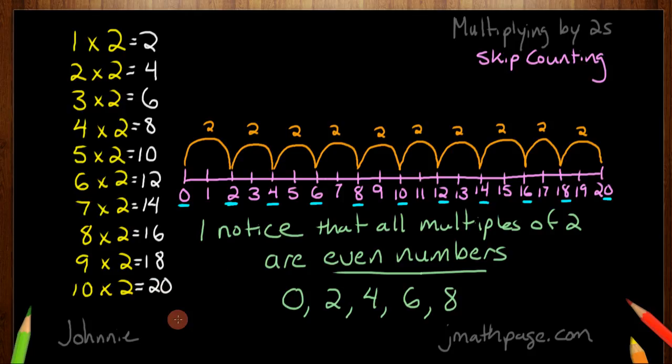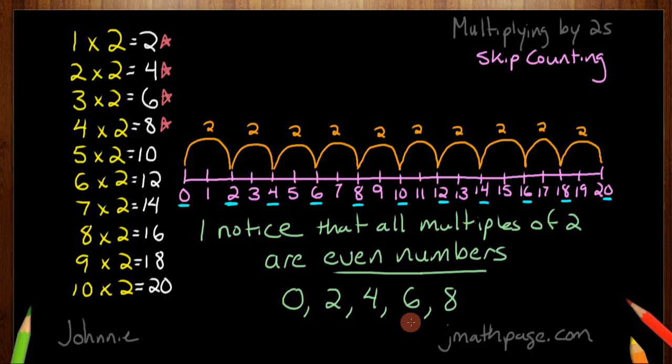And let's do a little check here. I want to know something. I noticed that all the multiples of 2 are even numbers, and they have to end in 0, 2, 4, 6, or 8. Is this true? Let's go up to our list here. 2 is good. 4, 6, 8, 0, 2, 4, 6, or 8.